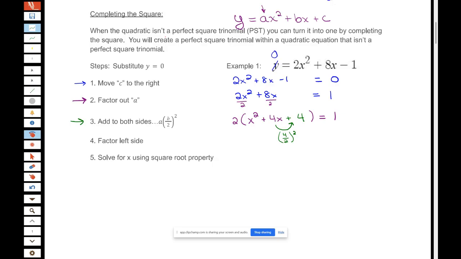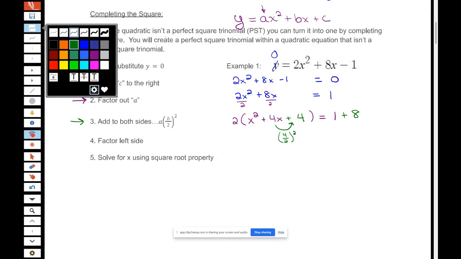So 4 over 2 is 2. I squared that, I get 4. So I've really not just added 4 to the left side, because there's a 2 outside parentheses. I've really added 2 times 4. So I've technically added 8 to the left side, so I need to add 8 to the right side. So I've taken care of that. My square is now a perfect square.